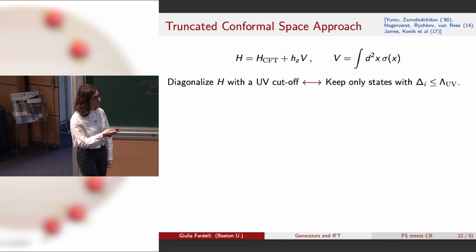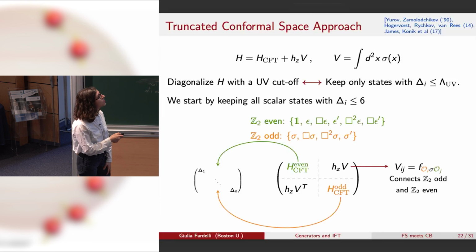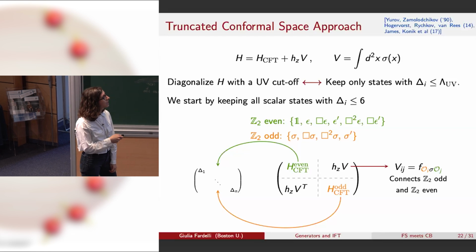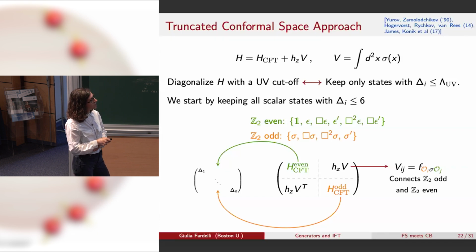In the simple setup that we have worked with so far, we're putting this cutoff really low. We are just including all the scalar states with dimension less than or equal to 6. So in this H_CFT part, we are just including this operator for the Z2 even states and this operator in the Z2 odd sector. The Hamiltonian looks like this. We have the CFT part, which is diagonal and just given by the dimension of the operator.